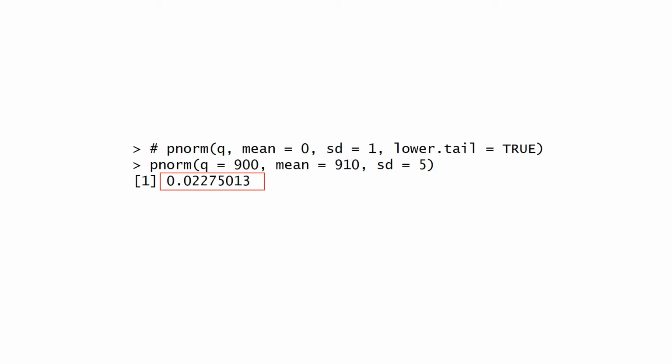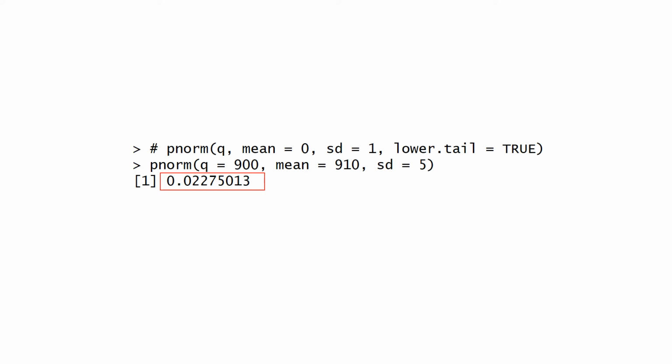Here's the R code to find this area. Recall pnorm finds the area under a normal distribution. There are 4 arguments. Q is a point along the x-axis. Mean is the population mean. SD is the population standard deviation. And the default for lower.tail is true, which means a lower tail area is found.